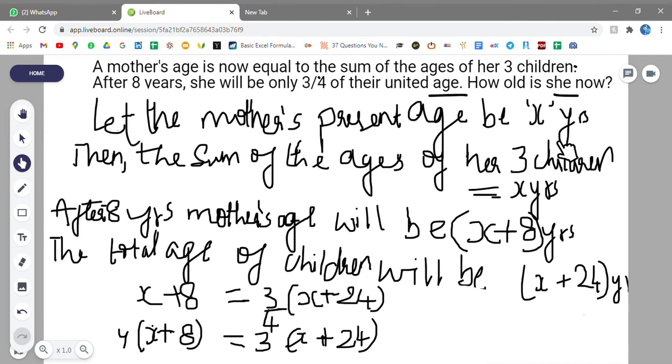This is what is given to us. So present age of the mother is going to be x years and we found x being 40 years.